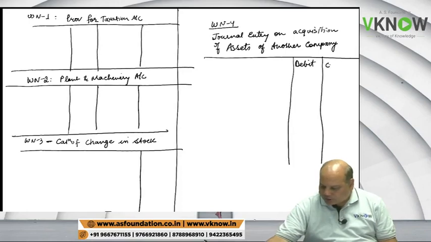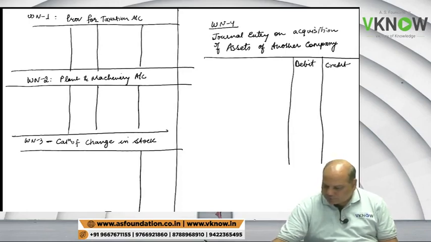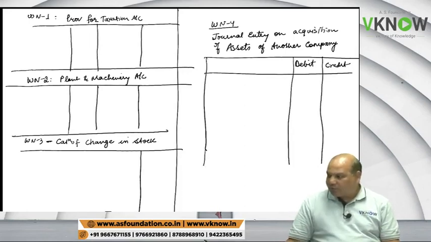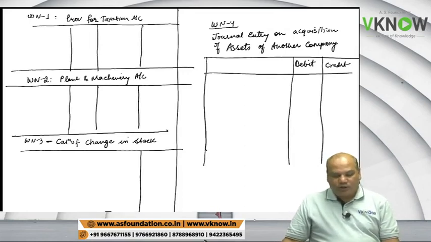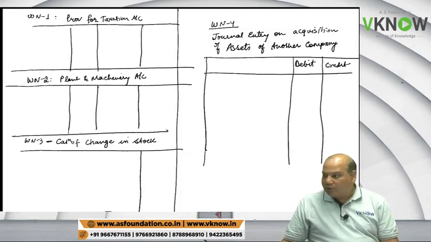Keep the format ready. These are the 4 working notes we will prepare, and I think that will be sufficient. If at any stage you have a query related to question number 11, it can be asked.